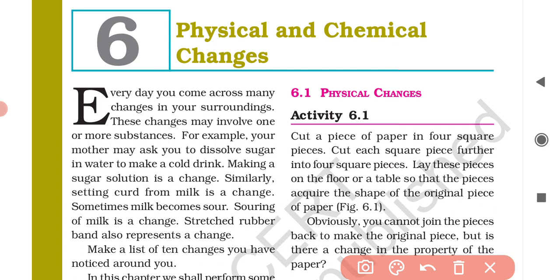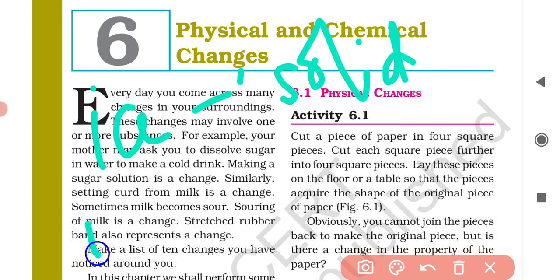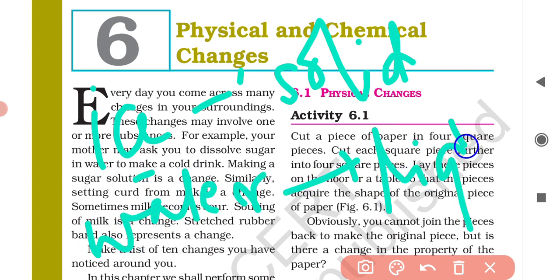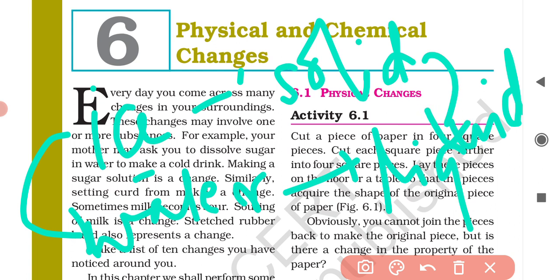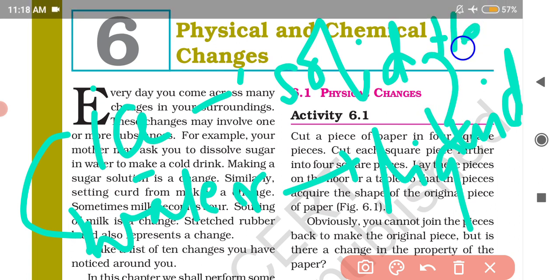For example, say suppose ice. When ice will melt, what will it form? It will form water. That means ice is what? Ice is solid, right? And what is water? Water is a liquid. Yes or no? So when ice is heated, when ice will get heat, then it will form water. That means solid will be converted into liquid when we heat it.